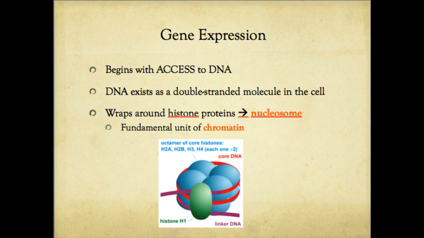So we have genes sitting in DNA, and at certain times in the life of the cell, those genes need to be accessed, they need to be expressed, they need to be used to make RNA and then protein. Now, this all begins with the cell being able to access the gene.